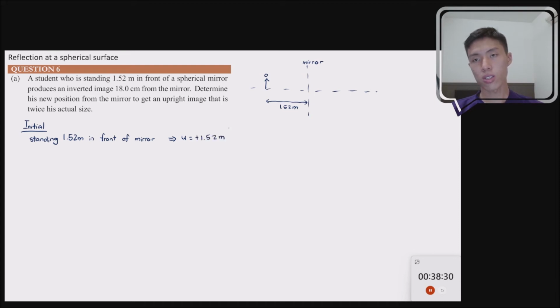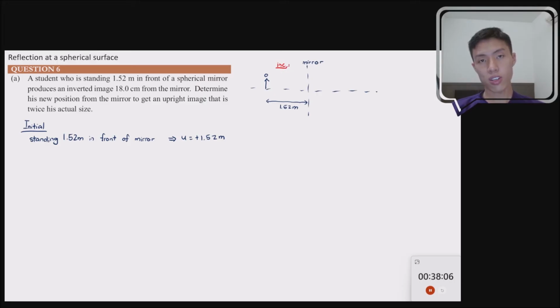Why do we know it's positive 1.52? It's because for an object to be placed here, the light will be coming out from the object. You come from the object, you hit towards the mirror. So this is where the incident ray is. And because what you have here is a mirror, your light will get reflected back towards the left.